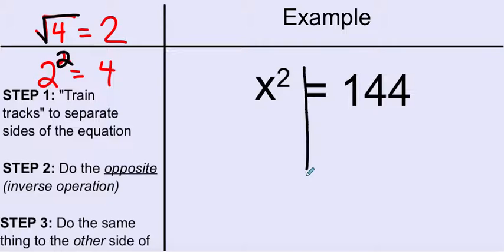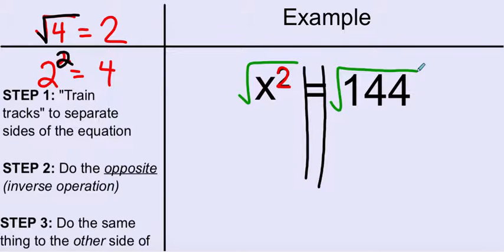So I'm going to come over here and I'm going to still draw my railroad tracks, but it's going to look a little bit different. Because in this example, the inverse operation of that squared is a square root. Whatever I do to one side, I have to keep it balanced and do to the other.